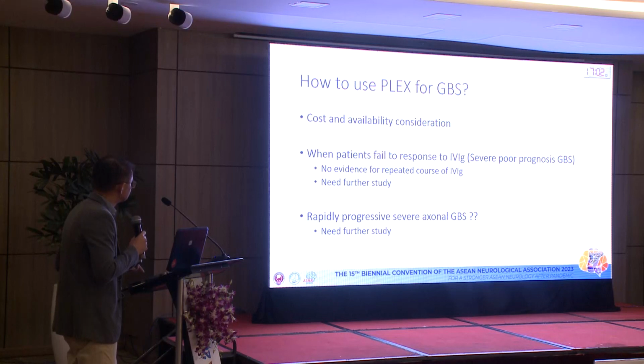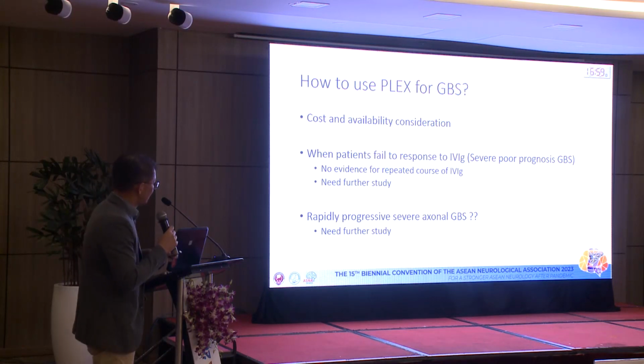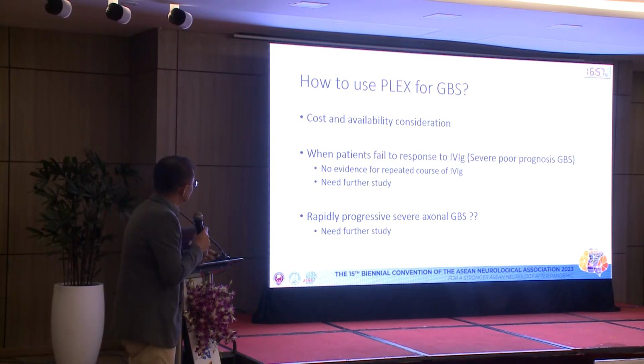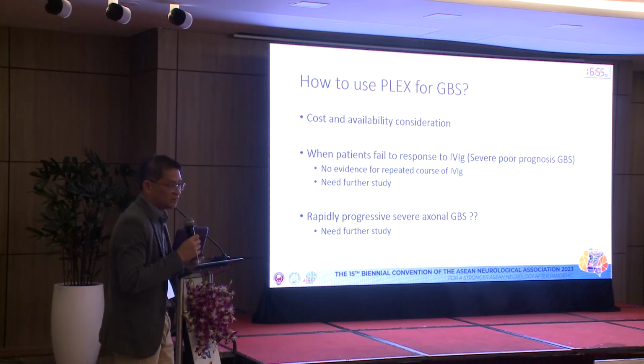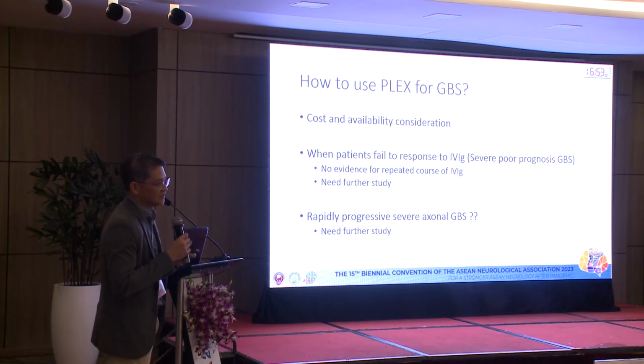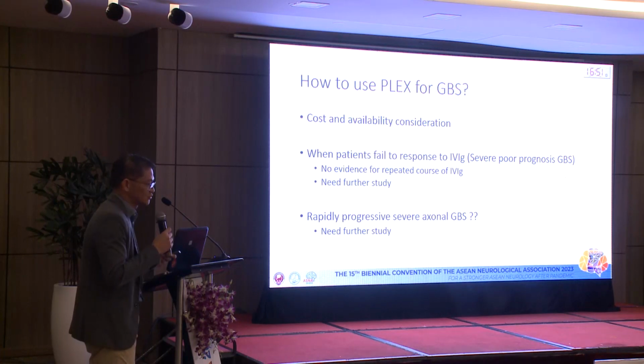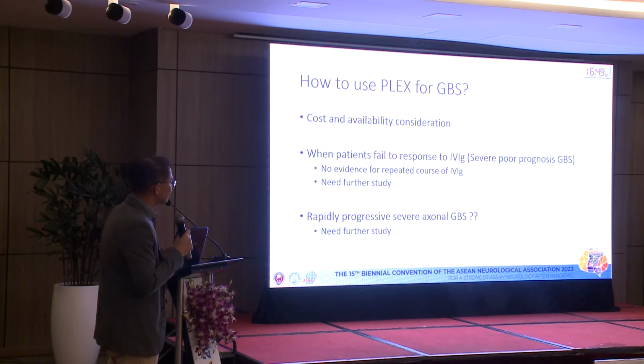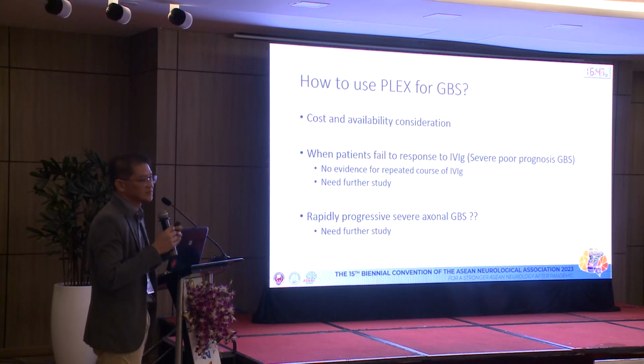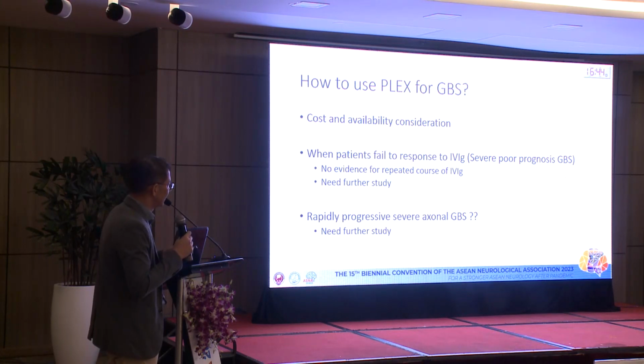Right. So how to use plasma exchange in GBS? Cost and availability, of course, are a concern, especially the cost of the treatment. When a patient fails to respond to IVIG in severe-prognosis GBS, there's no evidence to give a second course of IVIG.